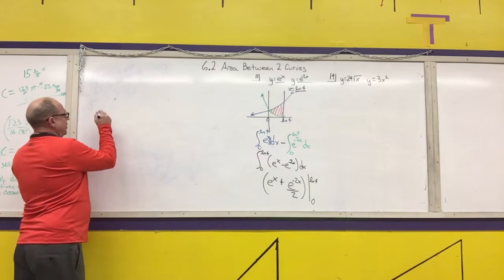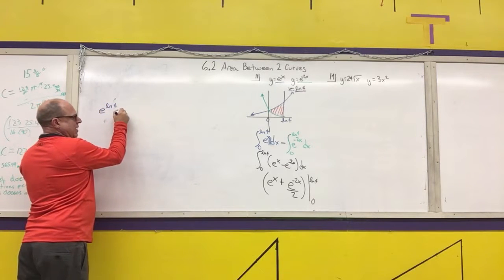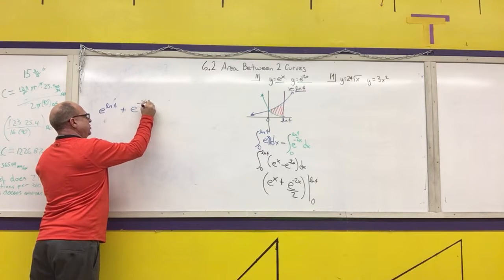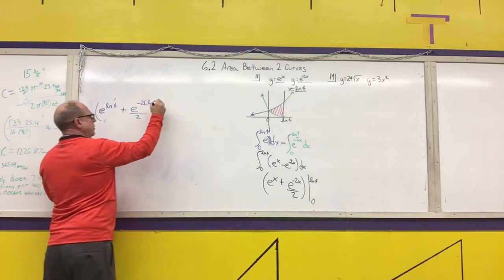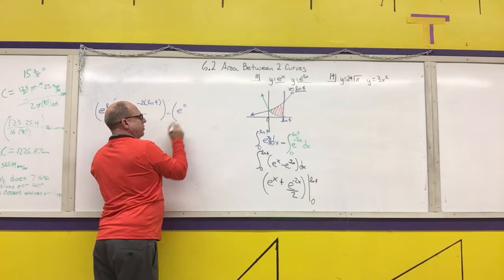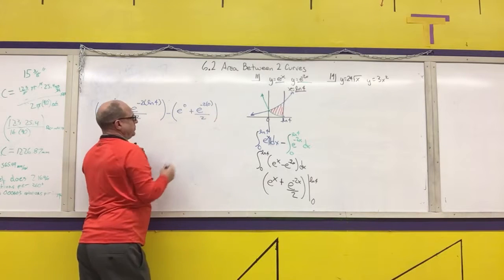So I'm going to have e to the natural log of 4 plus e to the negative 2 times the natural log of 4 over 2, minus e to the 0 plus e to the negative 2 times 0 over 2.